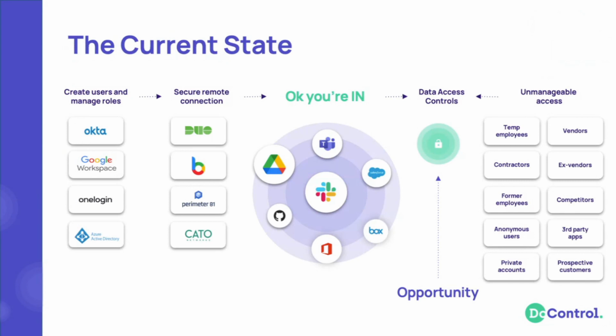The challenge is, if you look to the right-hand side of the graphic, there's a number of different personas and identities that you really lose scope and control over. Who can access specific files and who's sharing files with which identity? Are they internal employees? Are they former employees? Are these current vendors? Are they vendors and contractors that have an expired relationship with you? Who has access to some of the sensitive data that exists?